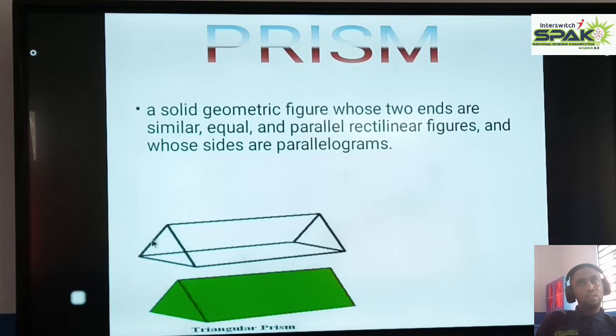You can see the faces are triangles, while the surfaces are rectangles. So the two ends here, we have the first end triangle and the second end triangle, and they are similar triangles. And the outer faces here are rectangles. So this is a triangular based prism.